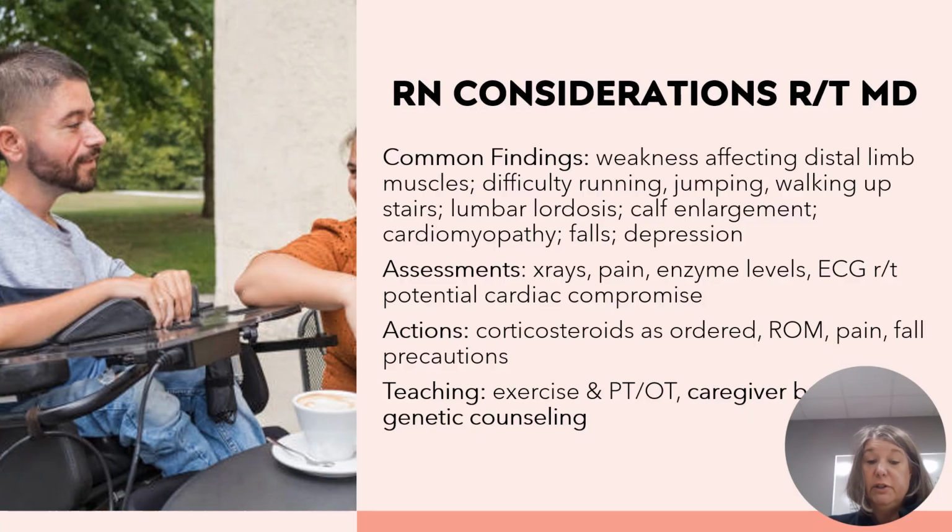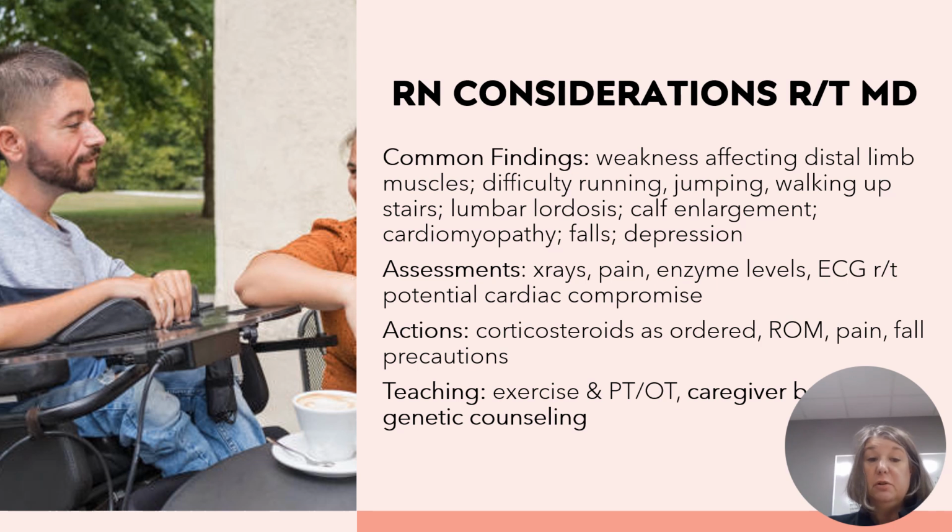RN considerations related to muscular dystrophy, common findings: weakness affects proximal before distal limb muscles. They're going to have difficulty running, jumping, walking upstairs, maybe lordosis in the spine, calf enlargement, cardiomyopathy. Cardiomyopathy can lead to cardiovascular disease.